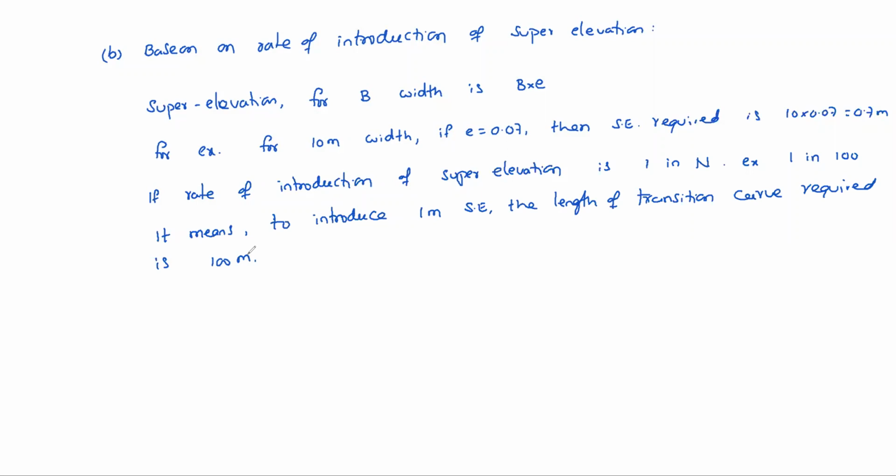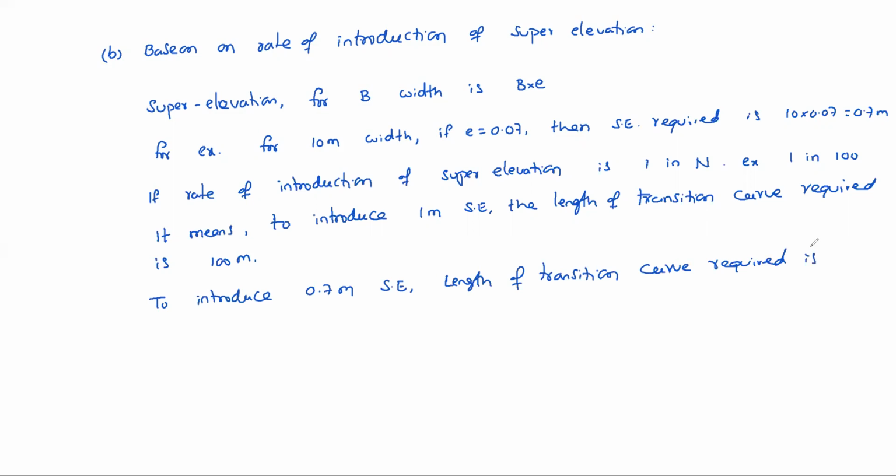Now, to introduce 0.7 meter super elevation, how much length of transition curve is required?